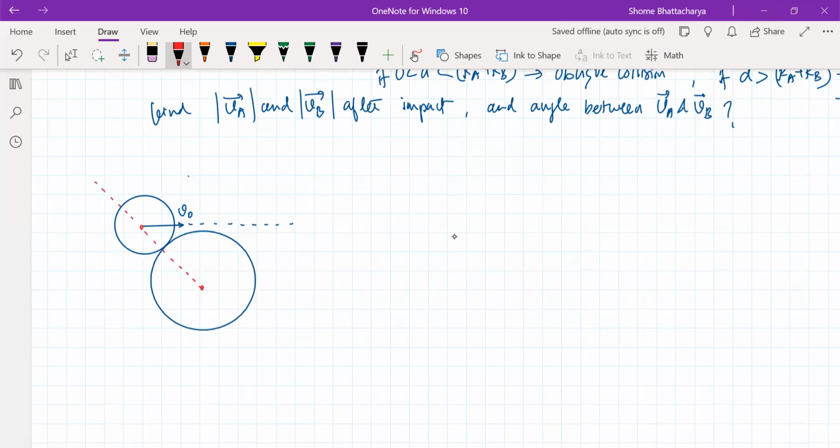We will be very easily able to calculate this angle because we know that perpendicular distance d. So over here, this distance will become r1 plus r2 from center to center, or Ra plus Rb.